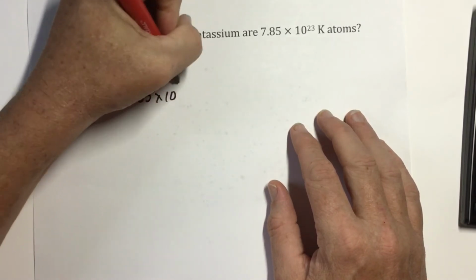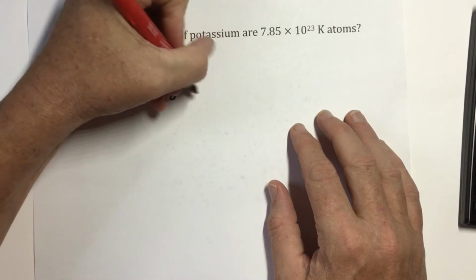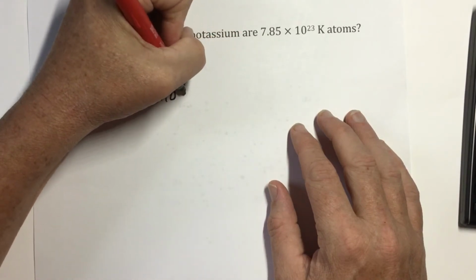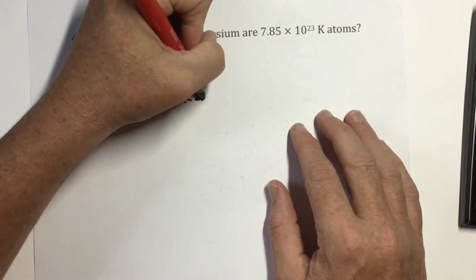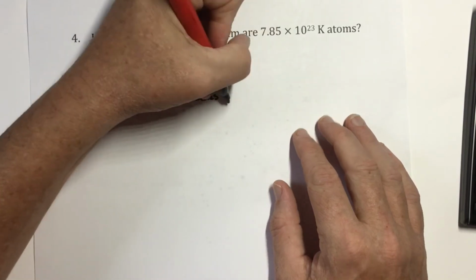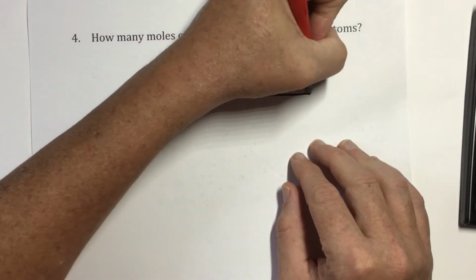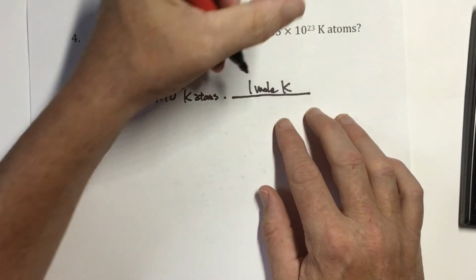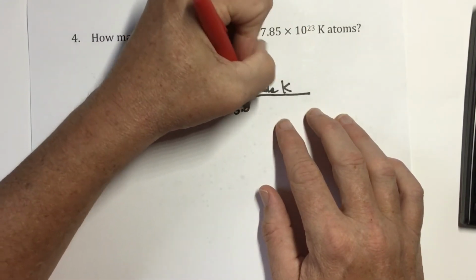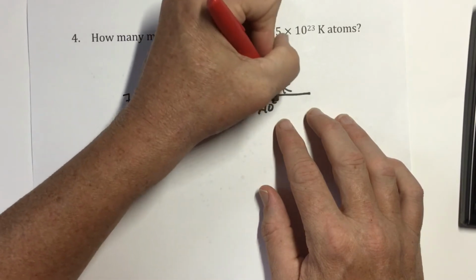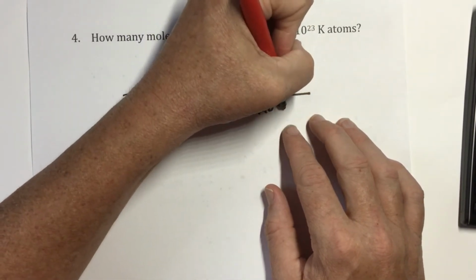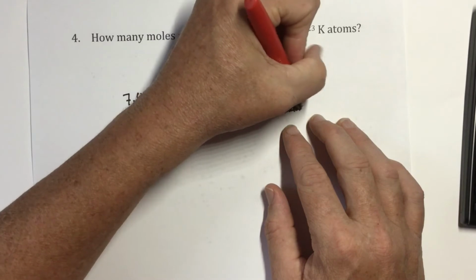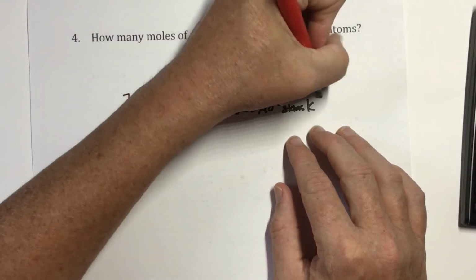Now in this case, I want to convert that to moles, and I know that 1 mole of potassium will contain 6.02 times 10 to the 23 atoms of potassium.